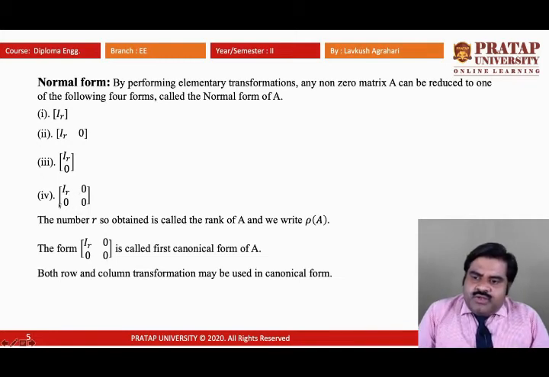The number r is called the rank of the matrix and is written as rho(A). This form is called the canonical form or normal form. In this normal form, we can operate both row and column transformations.